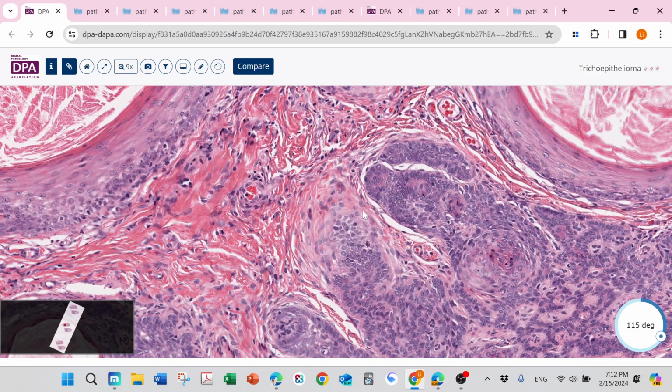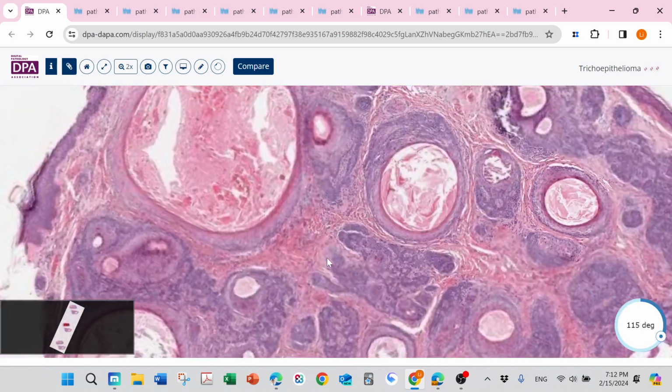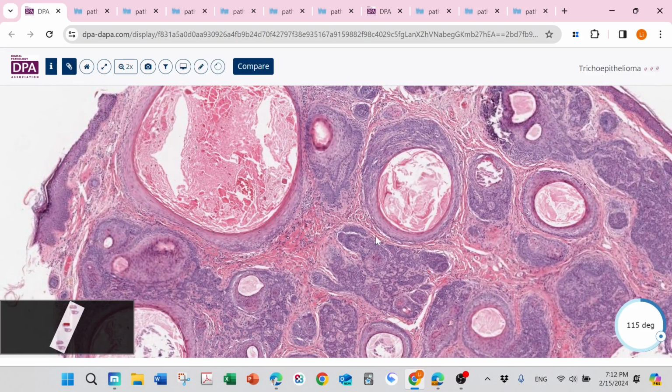When we have this papillary mesenchymal body, that is trichoepithelioma. But whatever, even if you diagnose basal cell for a trichoepithelioma, if you have this kind of nodule on your face, you still want to take it out.